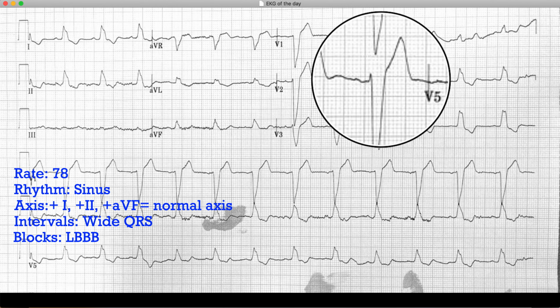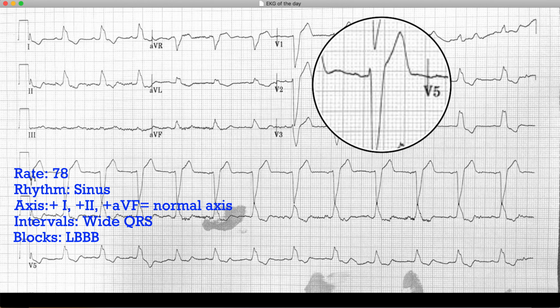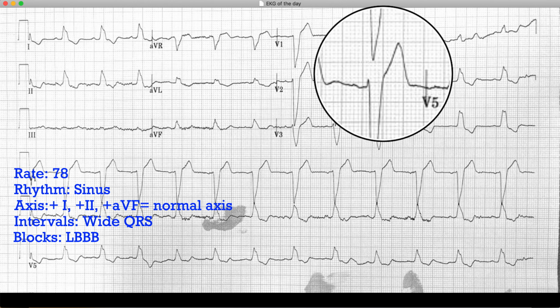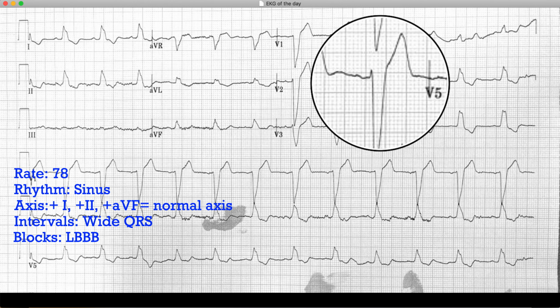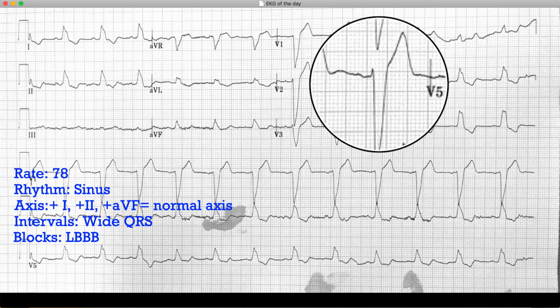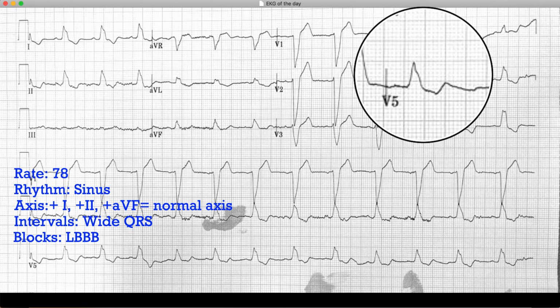So in this case, what would be pathologic or maybe STEMI equivalent is if the ST segment, while this is a big negative complex, if the ST segment went down. So if you had ST depression here in the setting of this big negative QRS, that would be concerning, essentially a STEMI equivalent. And there's criteria for that they call the Scarbosa criteria.